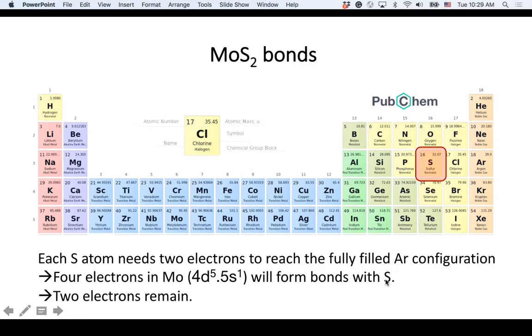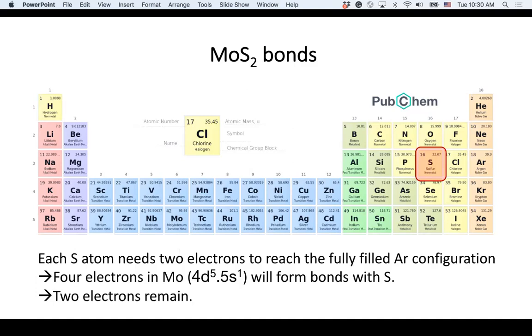I mean, they will contribute, but those electrons don't completely go to the S atom. They just form a bond. Then there will be 2 electrons remaining. Totally, you have 6 electrons in the Mo atom, and 4 of them will form the bond with the S atoms, and then 2 electrons will remain. And those 2 electrons will be relevant for our band structure.